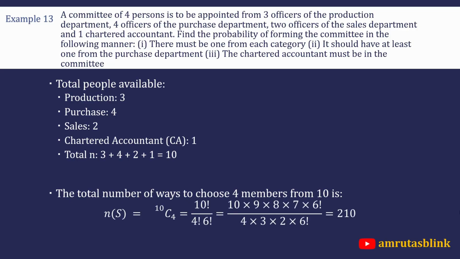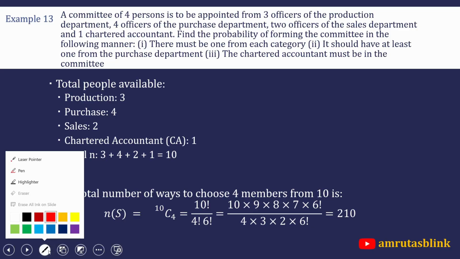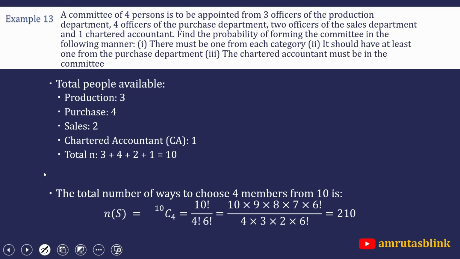That is n of S is equal to 10C4, which is equal to 10 factorial upon 4 factorial into 6 factorial. So 10 into 9 into 8 into 7 into 6 factorial upon 4 into 3 into 2 into 6 factorial as it is.